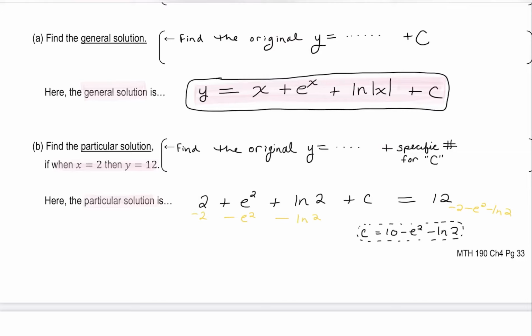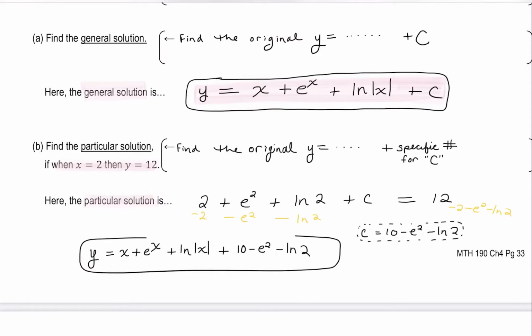And so the particular solution here is going to be y equals x plus e to the x plus natural log of the absolute value of x plus, and now this is my c, 10 minus e squared minus natural log of 2. So that is our particular solution.